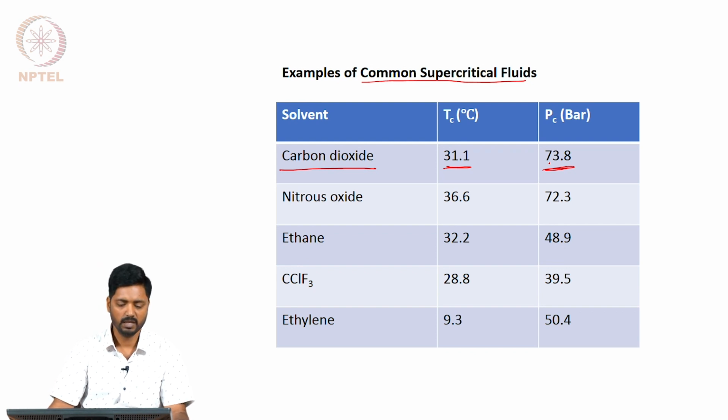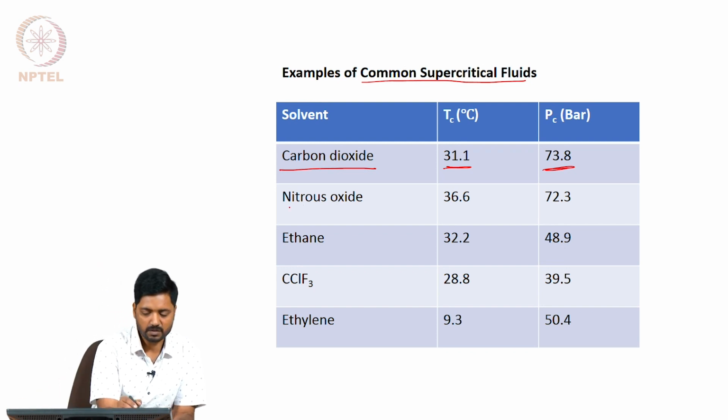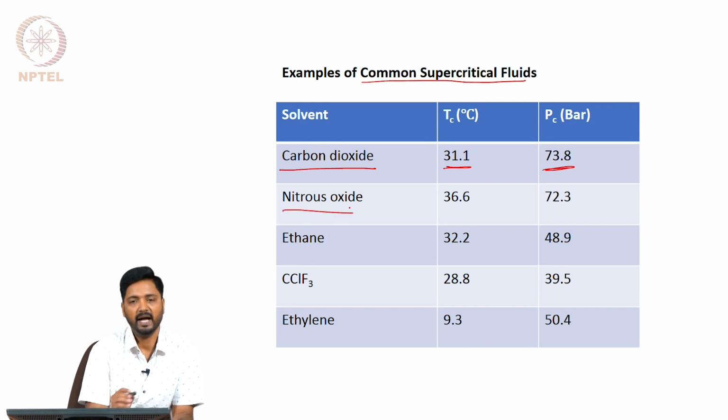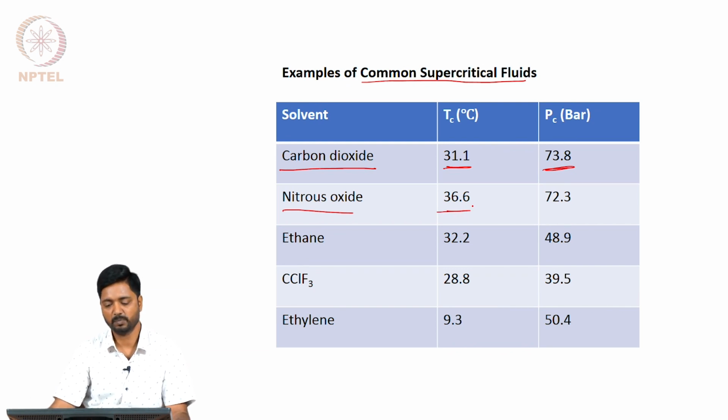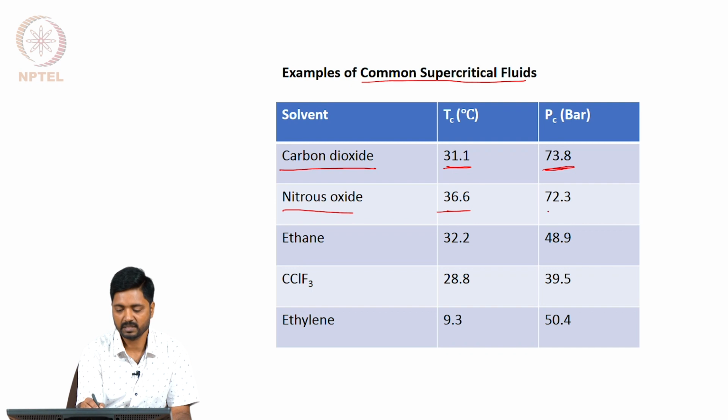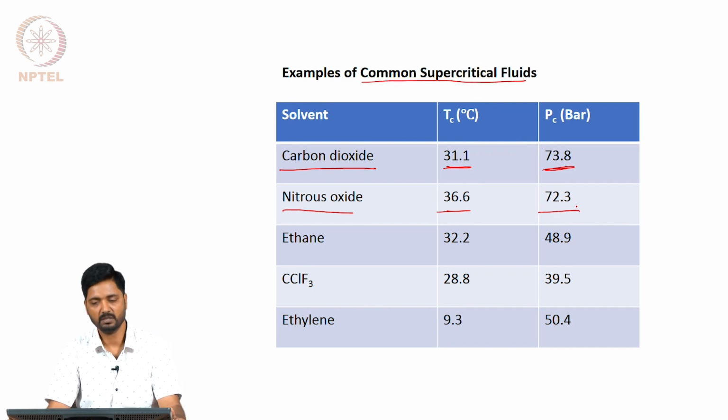Other common gas is the nitrous oxide, which has a critical temperature of 36.6 degrees Celsius and a critical pressure of 72.3 bars of pressure. Conditions where the temperature and the pressure exceed these values will result in nitrous oxide going into a supercritical phase.